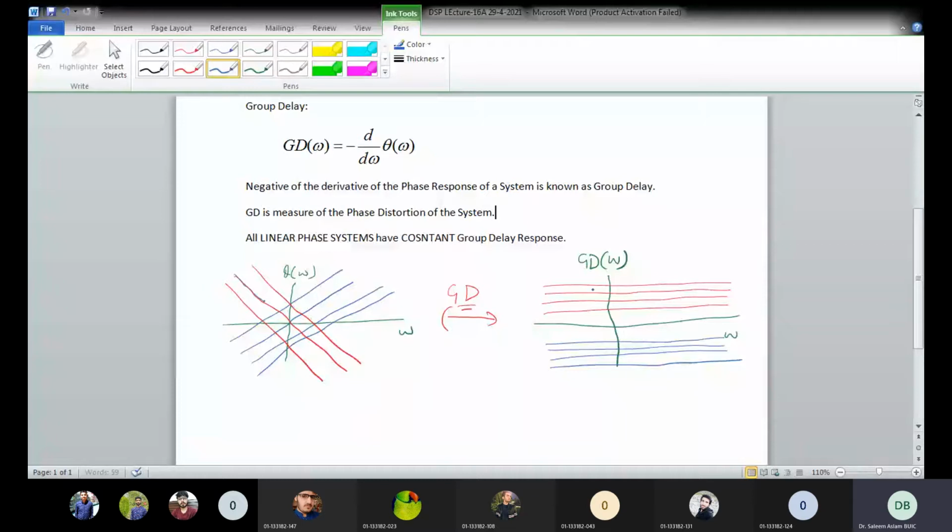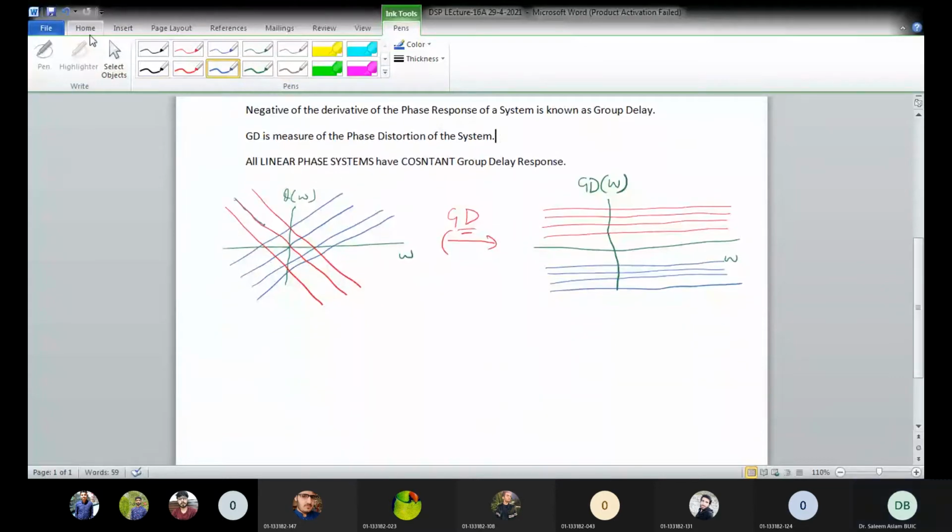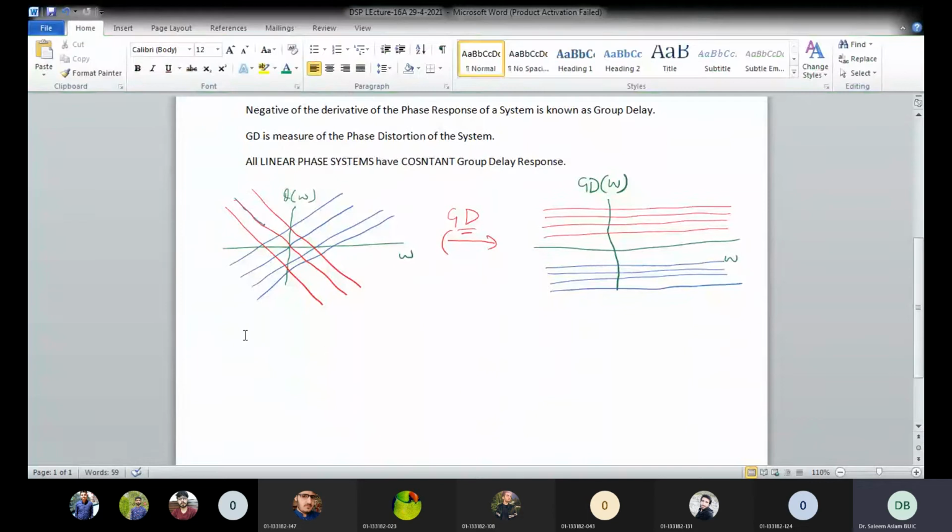So 1 kilohertz, 2 kilohertz, 3 kilohertz, 10 kilohertz, 1 megahertz, 1 gigahertz. For all frequencies, the group delay response would be a constant value. So you can define phase distortion, let me write here explicitly, either in terms of phase or group delay.